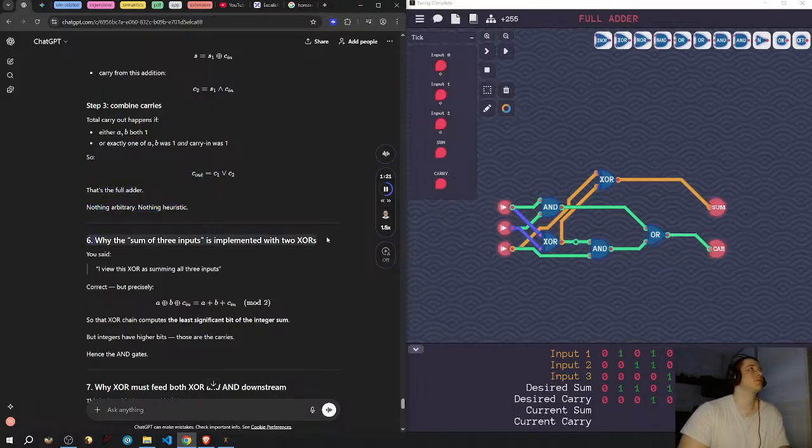Nothing heuristic. 6. Why the sum of 3 inputs is implemented with 2 XORs. So I think that the XOR answers: is there a difference in this space? And the AND answers: is this difference supposed to accumulate on the AND results or not? Obviously subtraction is not going to fill up the space, so the AND is not going to propagate the results or the carry, because then the magnitude doesn't increase.